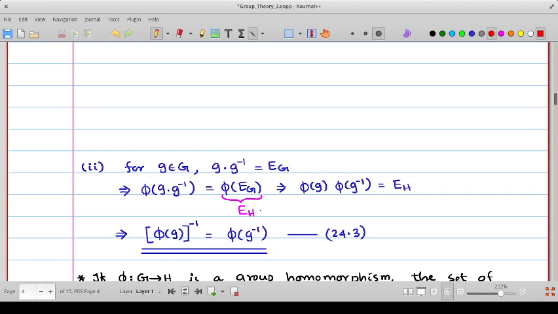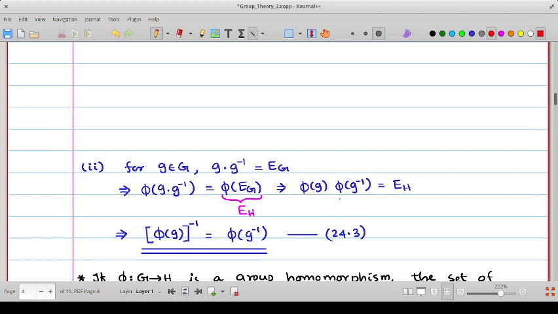that is EH. Now since phi is a homomorphism, the left hand side should be equal to the product of phi of G and phi of G inverse. So the result is phi of G times phi of G inverse is equal to the identity in group H. So the element phi of G inverse, which satisfies this property, that is phi of G times some element gives the identity, should be the inverse of the first element.